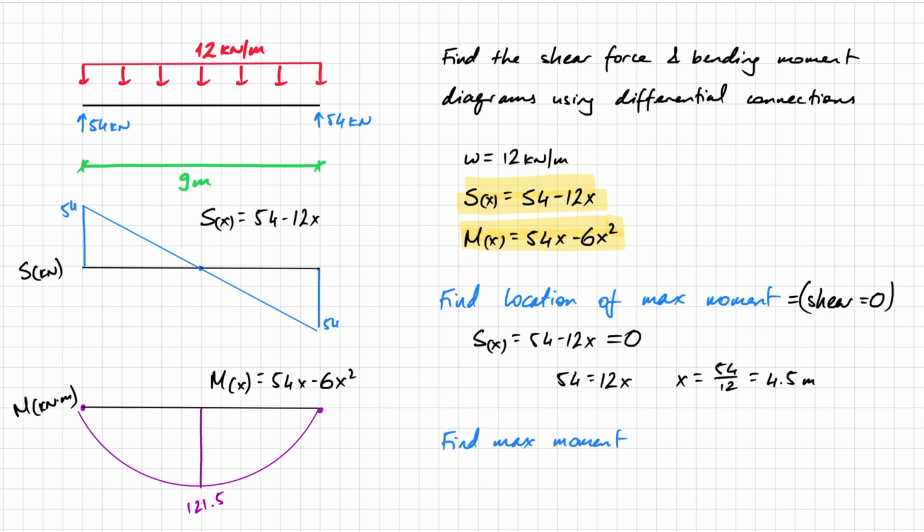And then to find the maximum moment, I need to take the moment equation and substitute x equals 4.5 into it, because I know that is the location of the maximum, and we've already solved this, so we know this is 121.5 kilonewton meters. But this method will work regardless of the equations used.